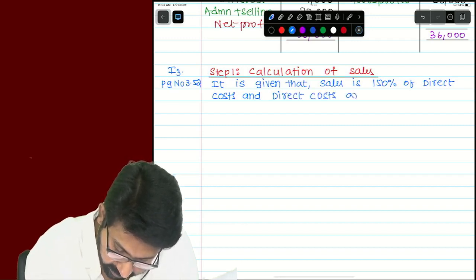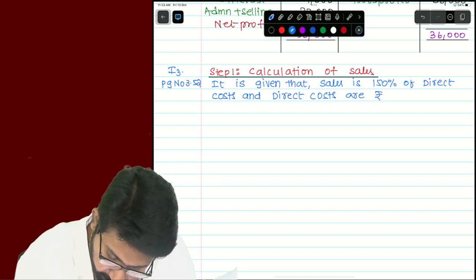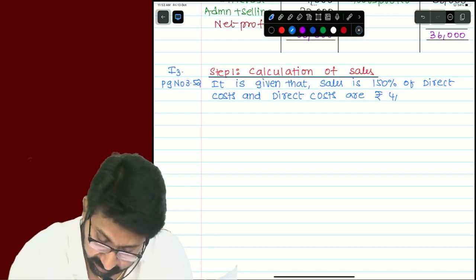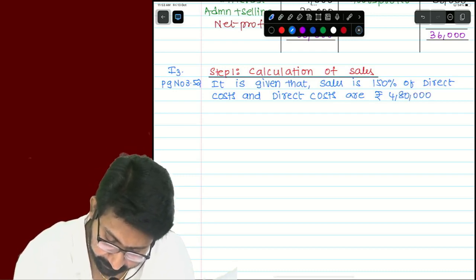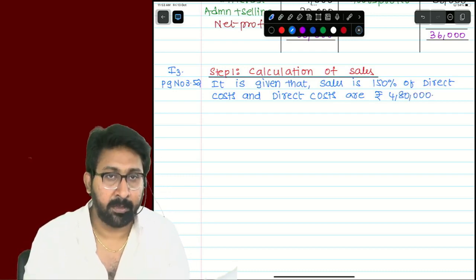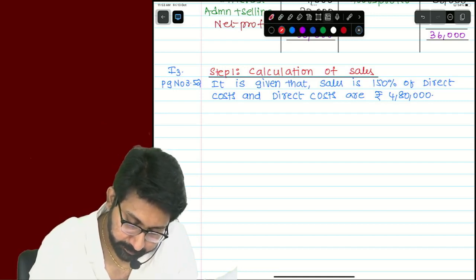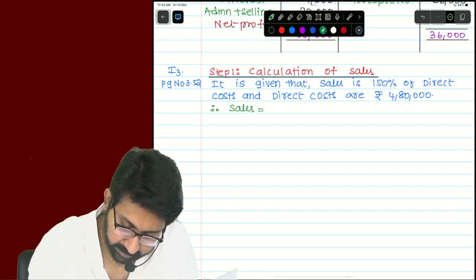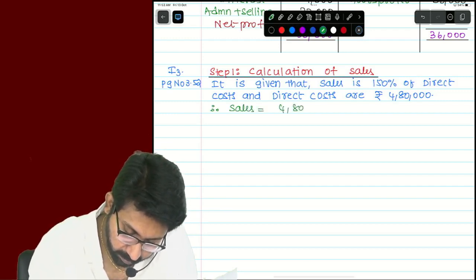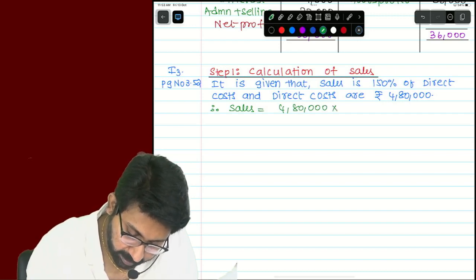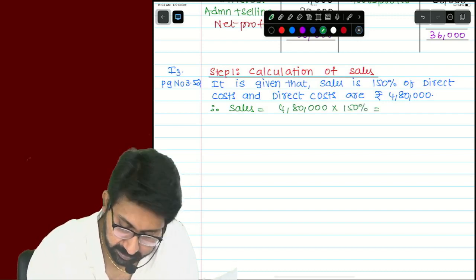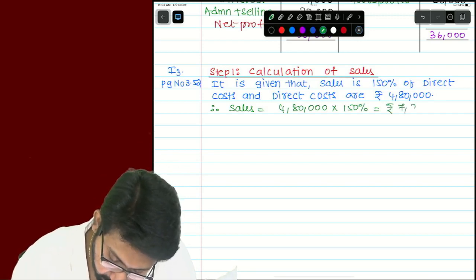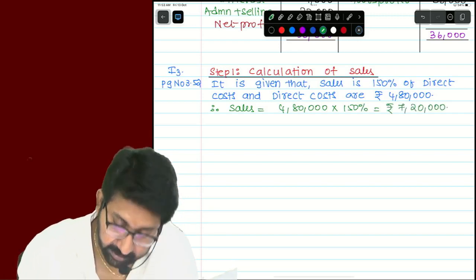And direct costs are rupees 4,80,000. Sales equal to 4,80,000 into 150%. Value please. 7,20,000.